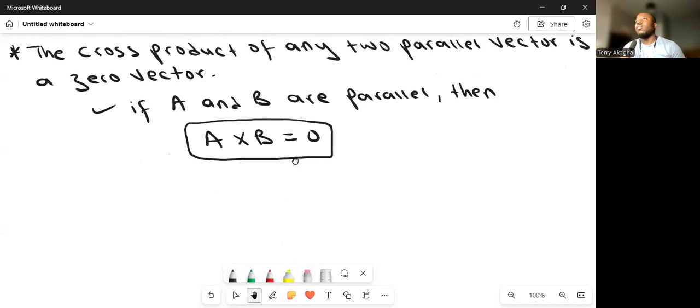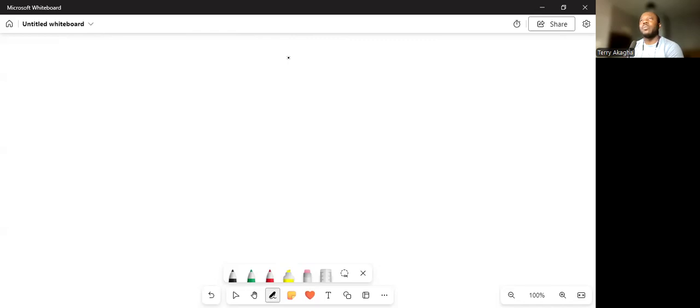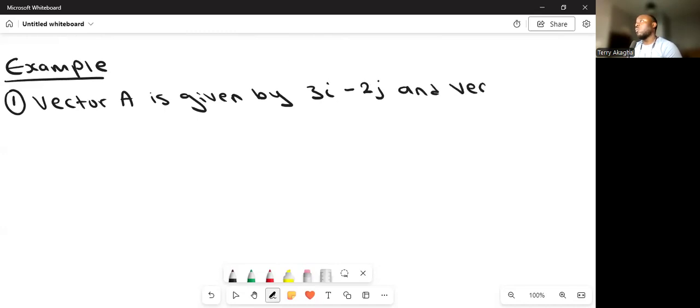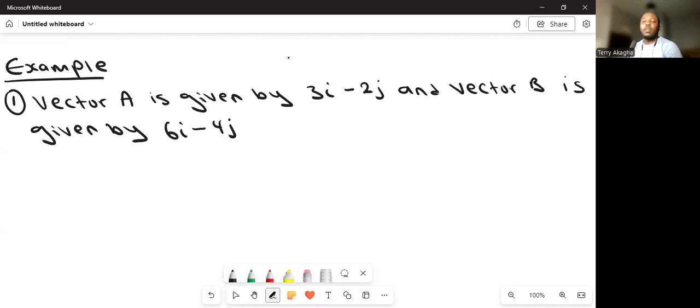All right, so let's pick some examples. Number one, we have vector A given by 3i minus 2j, and vector B given by 6i minus 4j, all right?